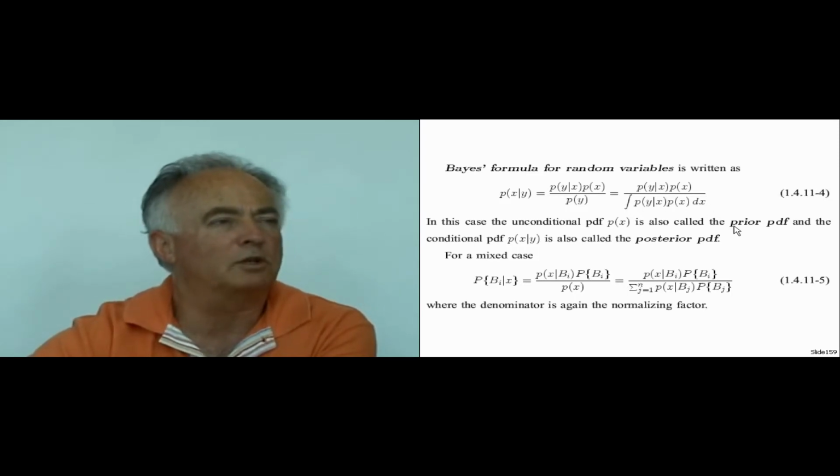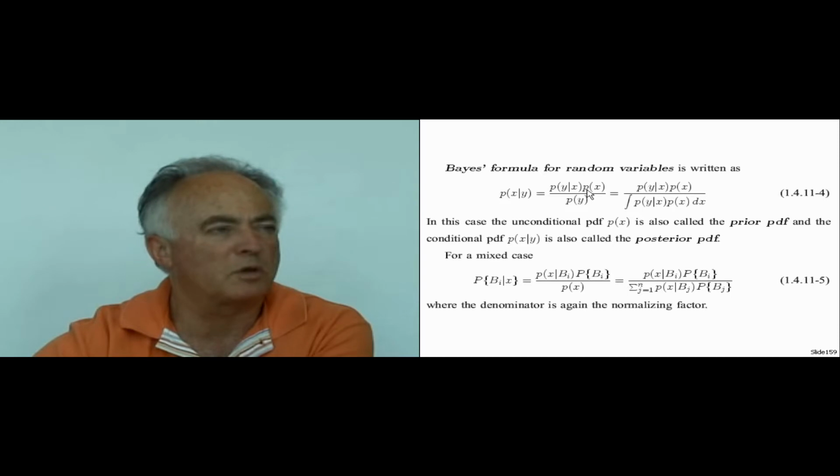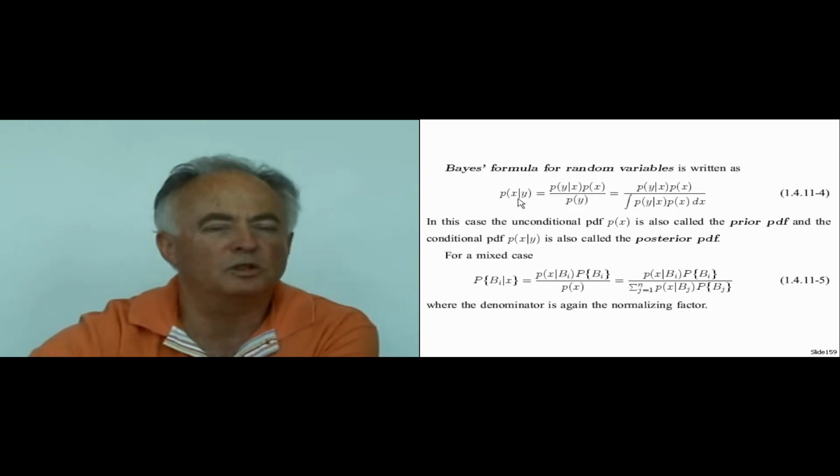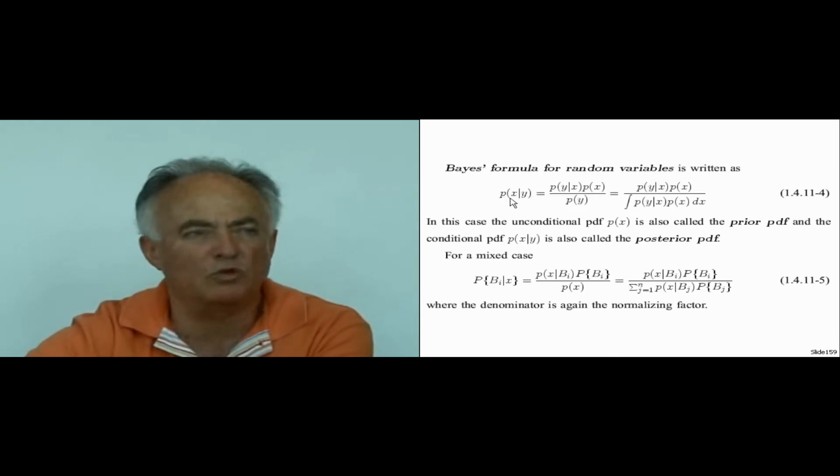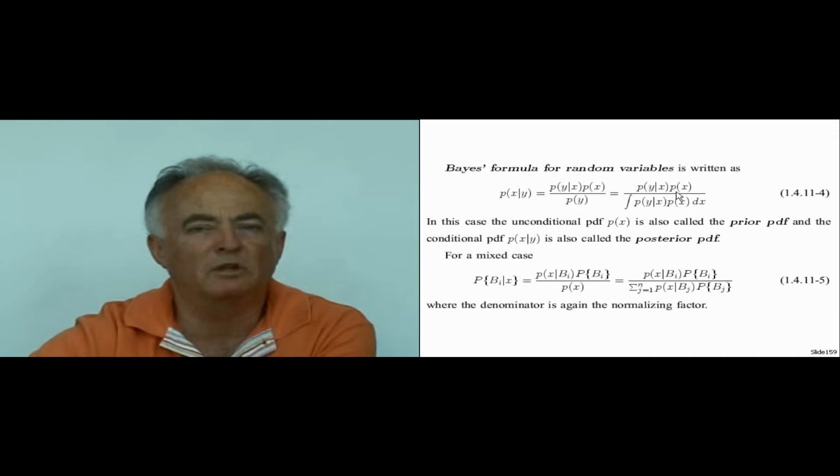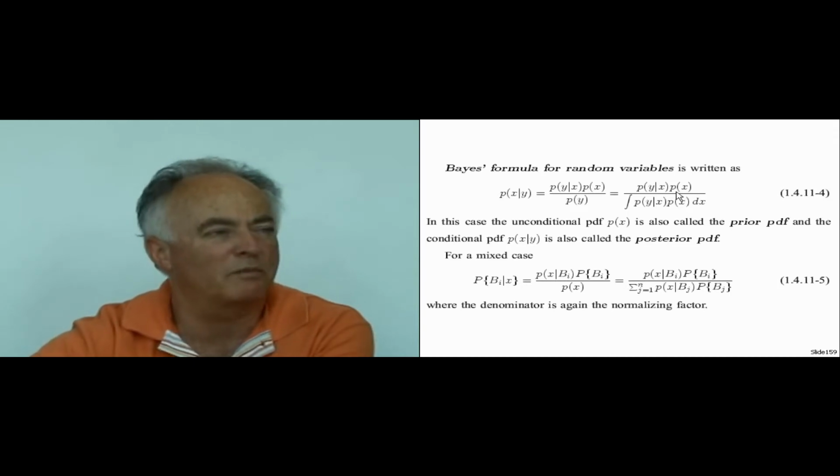Again, we have a prior PDF, this unconditional one. The conditional one is called the posterior PDF, so p of x given y is the posterior, or after we get the information y. P of x is what we have about x, the knowledge about x, before we get the extra piece of information y.